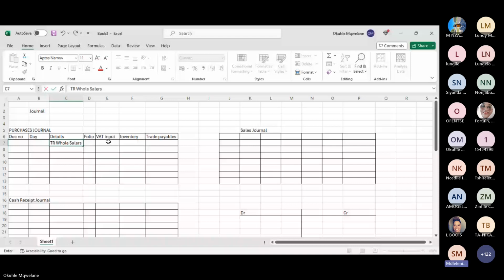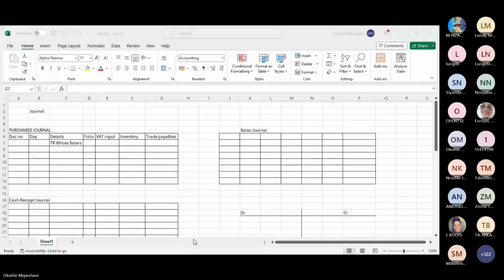Okay, number one, right? I can see that there's possibly two accounts, the merchandise as well as TR wholesalers. If we are getting rid of inventory there, correct me if I'm wrong, instead of inventory, can't we put merchandise there?